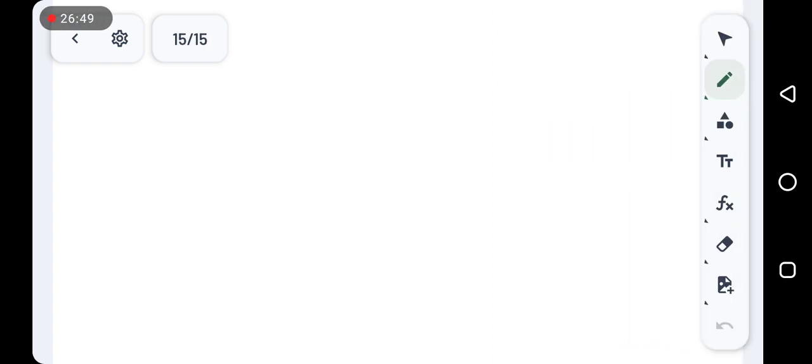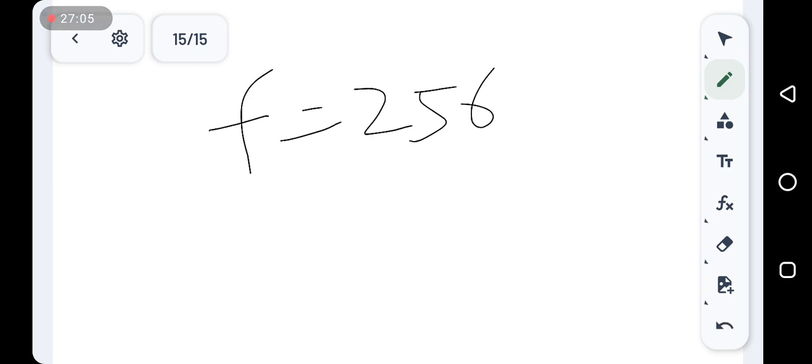If the fundamental frequency of a closed pipe is 256, you must notice the subtopic where the question is coming from.